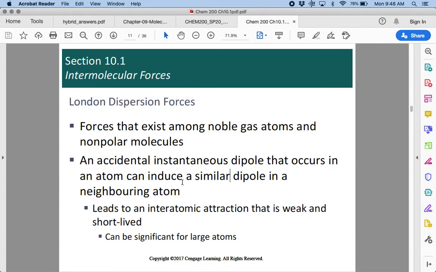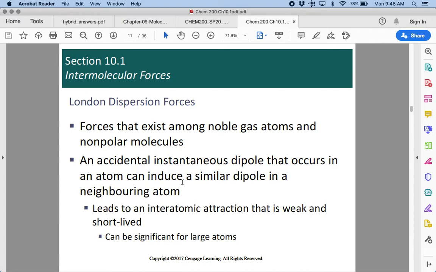And these London dispersion forces, also sometimes called instantaneous dipole moments, occur because of the following. These are nonpolar compounds, so they're sharing the electrons equally in the bond. However, we know electrons aren't stationary. They're constantly moving. So it's possible for just an instant that both electrons live on one side of the bond.